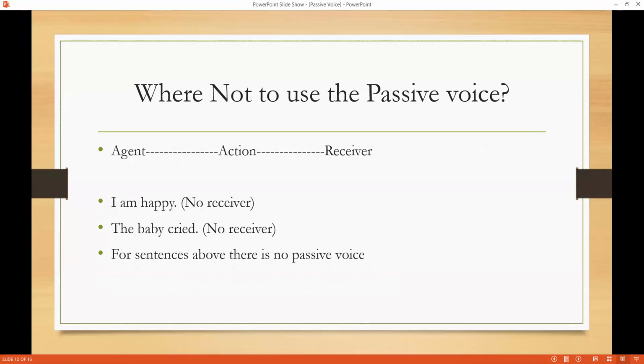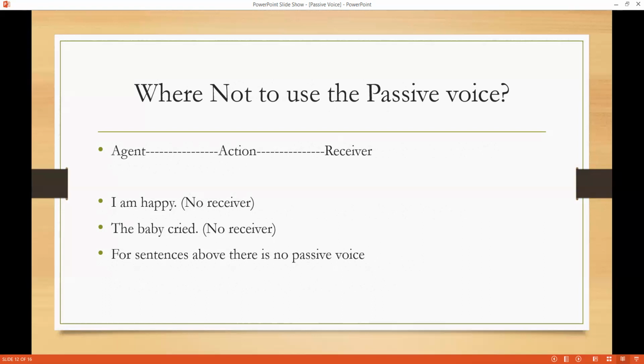How is that possible? You might think, doesn't every sentence have a receiver? Well, not necessarily. When I say, I'm happy, there is no receiver in that sentence. Or if I say, the baby cried, again, there is no receiver. So for sentences like that, there is no passive voice. You can only use the active voice.